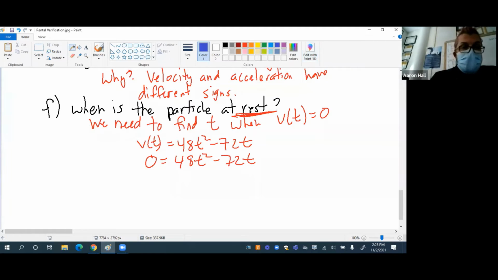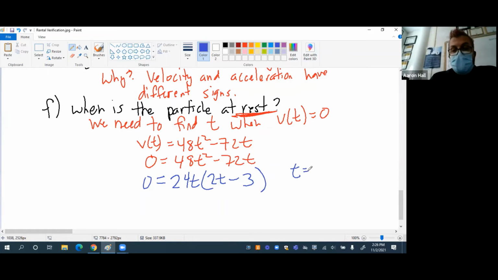We could take out a 24 t. What's left over if we take out a 24? Yeah. So t equals what? And 1.5, okay, yeah.